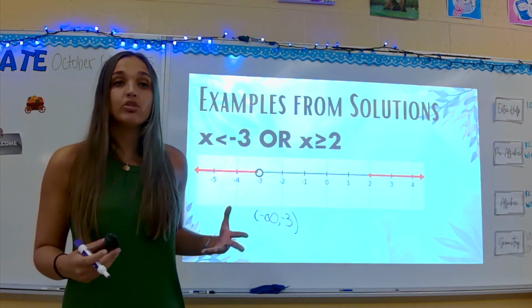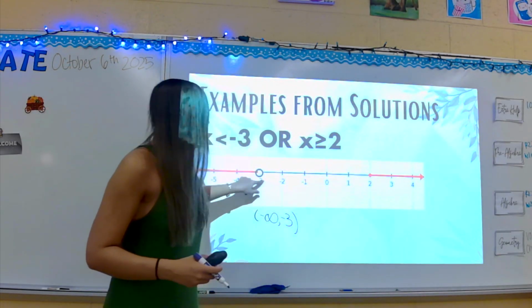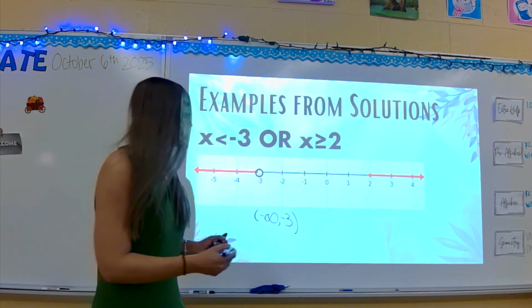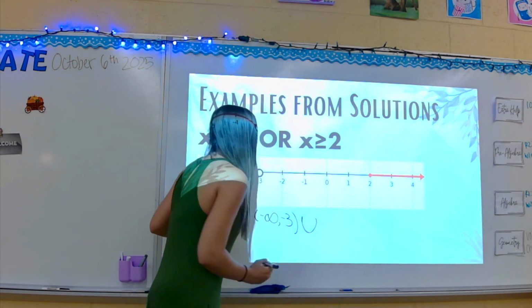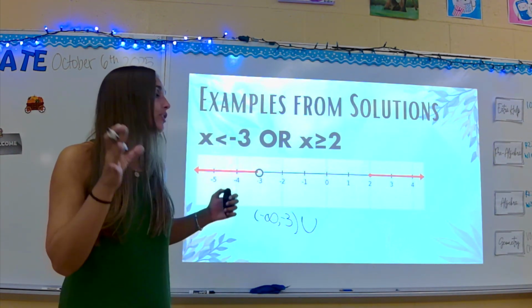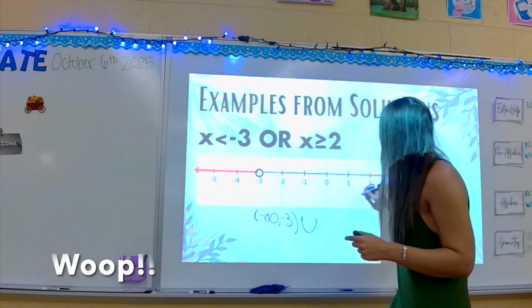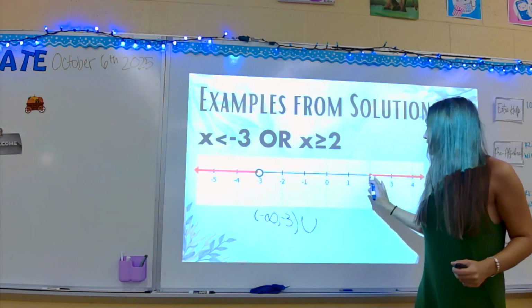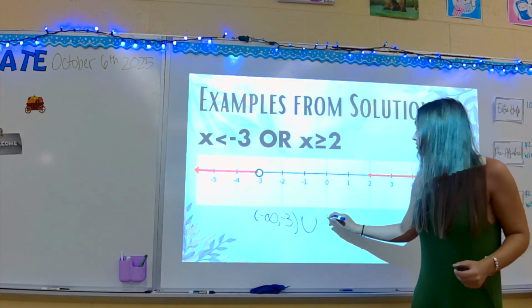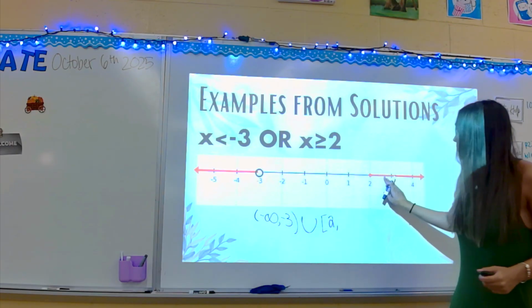Then we have a huge gap, right? We have this big portion here missing. Well, I need to connect them. So we connect it with a U. U means union. We're unioning our two interval notations together to say this is our solution set. So I put a U, I like to say whoop. Then we have a 2. It's a closed circle because it's or equal to, so I use a bracket, or closed interval, and we're going on forever.